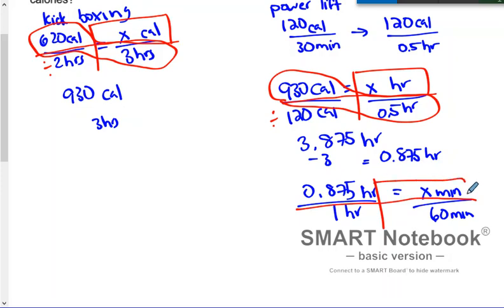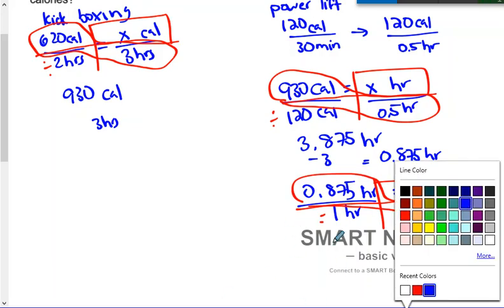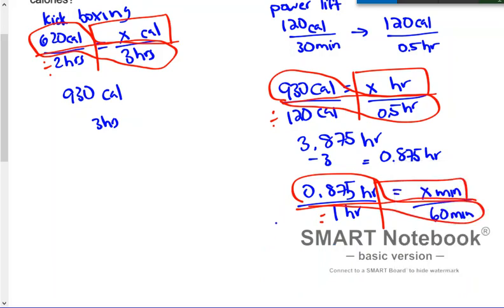Multiply, divide, so 0.875 times 60, and you end up getting 52.5 minutes. So 52.5 minutes longer you need to do powerlifting instead of kickboxing to burn the same amount of calories. Okay.